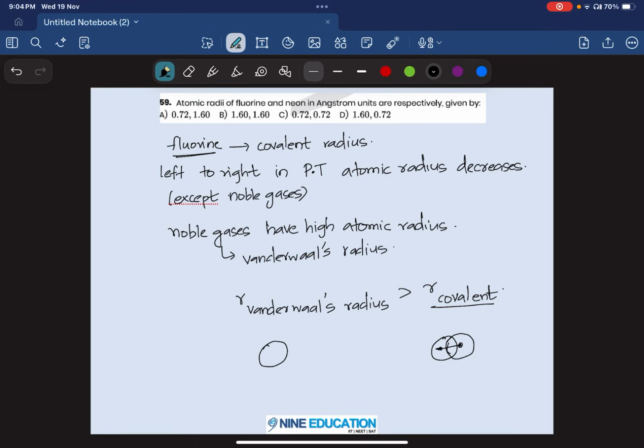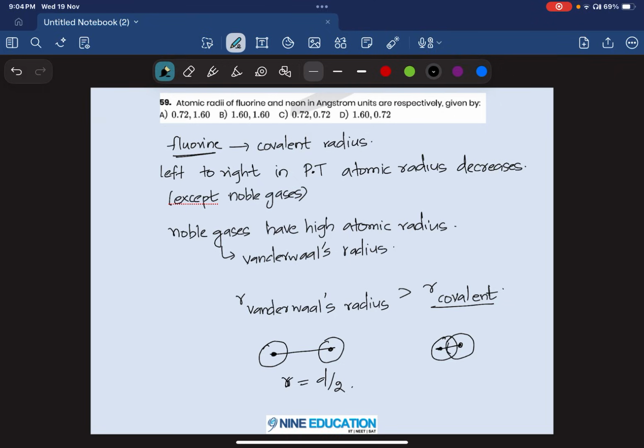Whereas in case of van der Waals radius, both of the atoms are generally far away from each other, and we calculate the distance between both of the nuclei, and our van der Waals radius is that distance divided by 2. This distance is greater than the actual atomic radius of the element, due to which the van der Waals radius of an element is generally greater than its covalent radius.